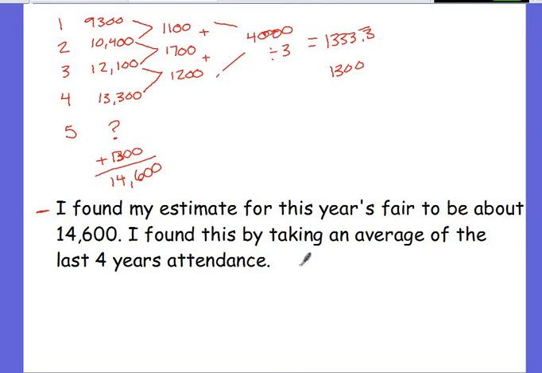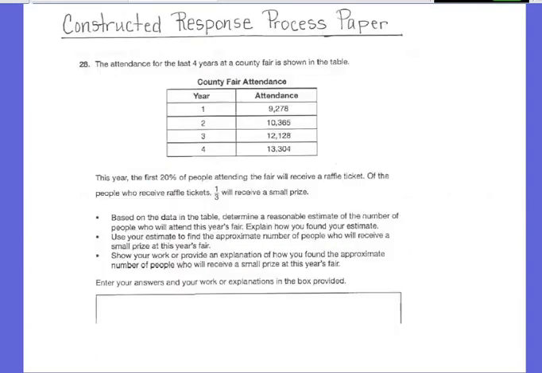Now I need to go to the second bullet, which says, use your estimate to find the approximate number of people who will receive a small prize at this year's fair. It says the first 20% of people attending the fair receive a raffle ticket.